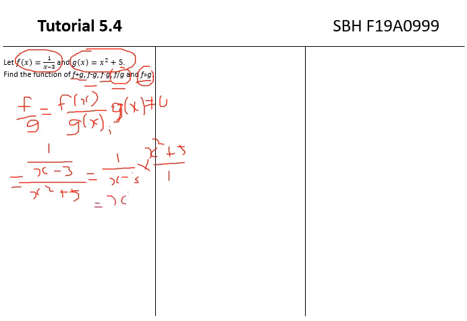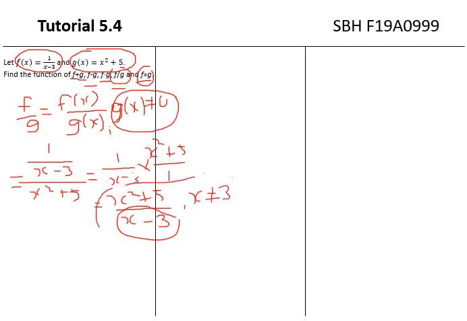So we have x squared plus 5 divided by x minus 3. Remember that g(x) cannot be 0. x cannot be 3. This is our answer here.